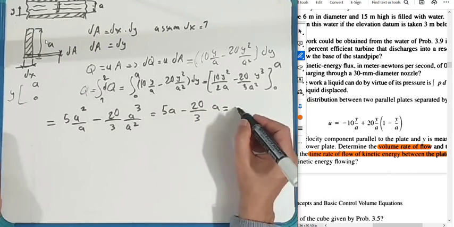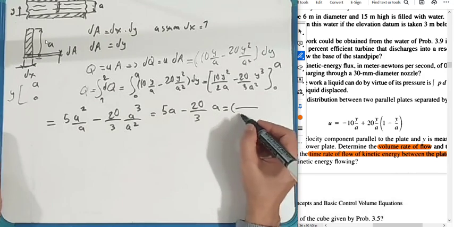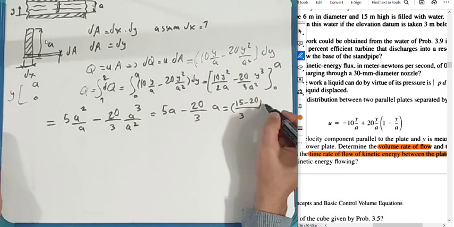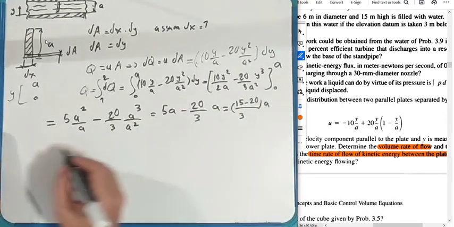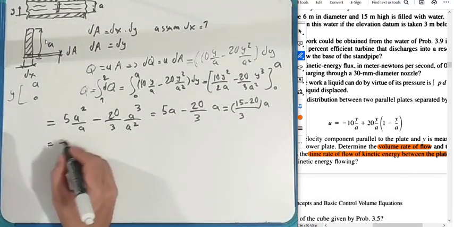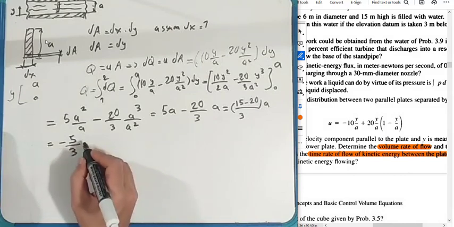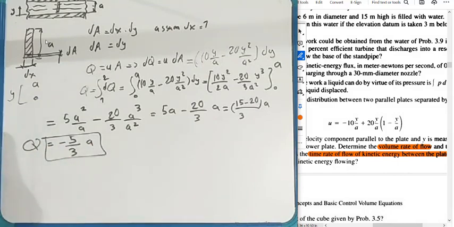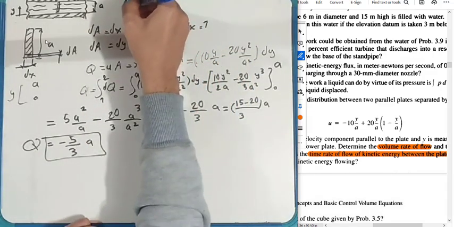Then I can write it in this form: 15 minus 20 over 3, multiplied by a. This equals minus 5/3 a. This is our Q.